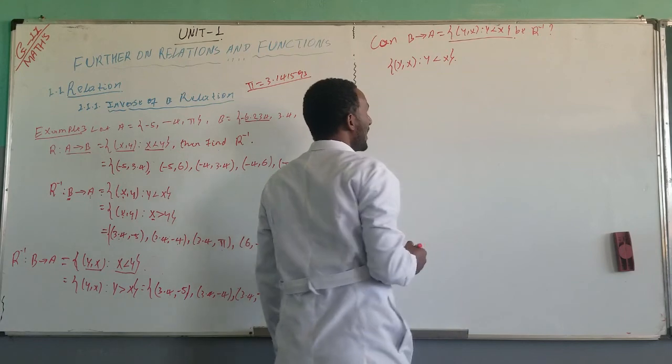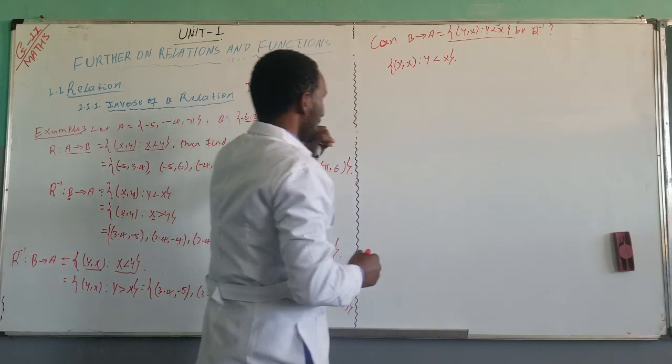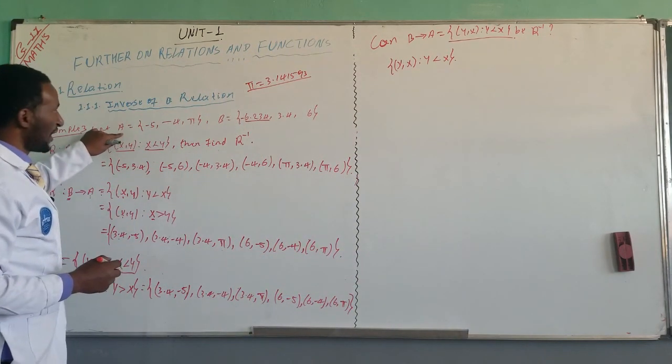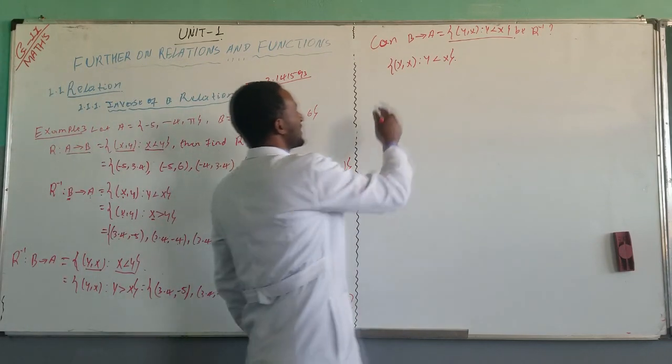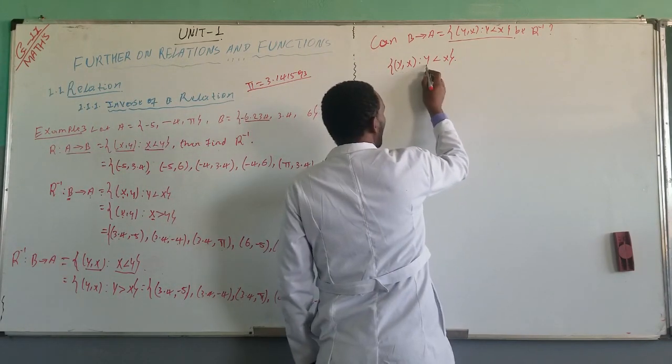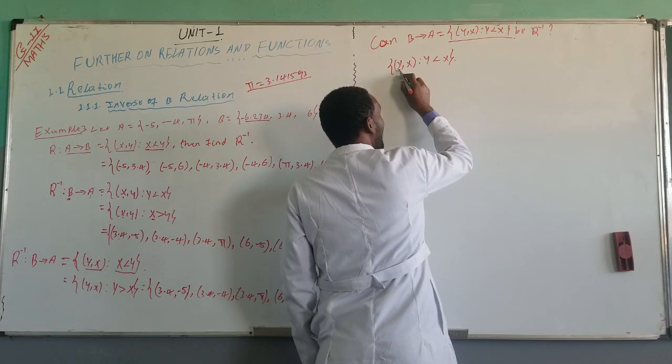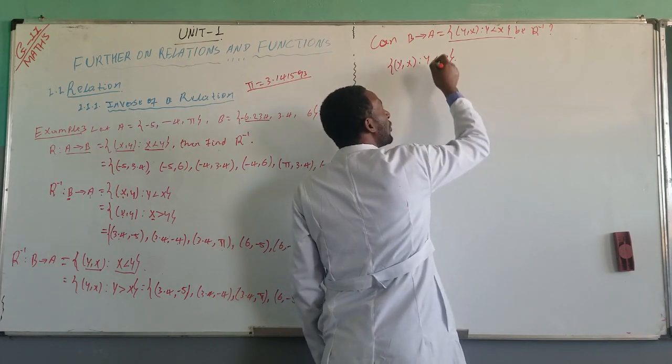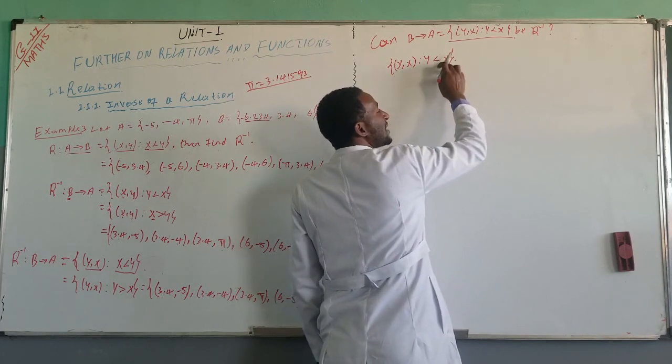When we use these sets, the first entry y is a smaller number than the second entry.